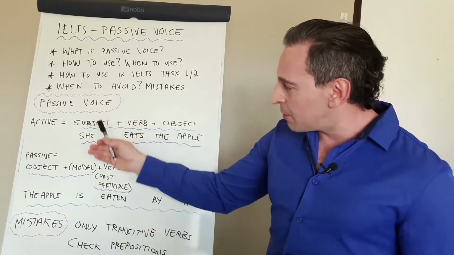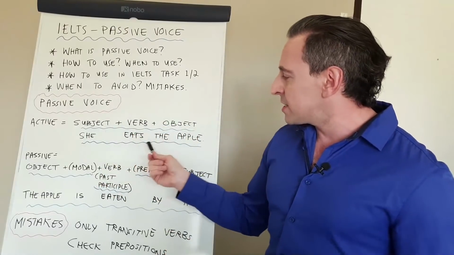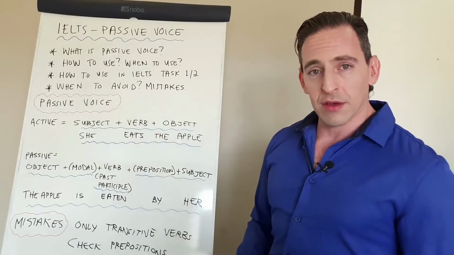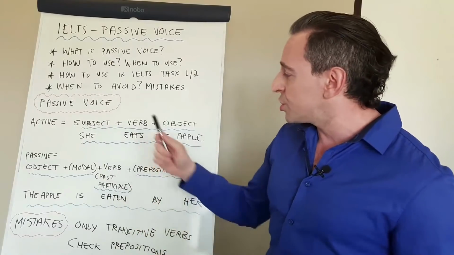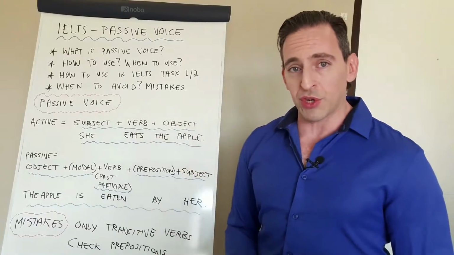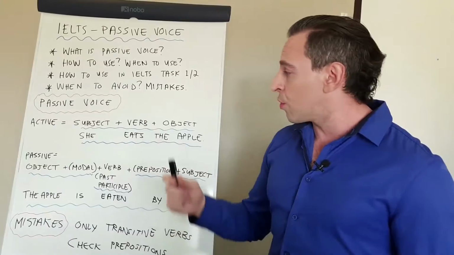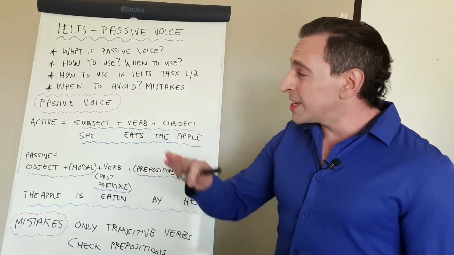So a basic subject, verb, object sentence. She eats the apple. She is the subject doing the verb, whether it is present, past, or future. She is doing it to the object. And of course, the object could have a pronoun or a possessive or an article. So that is a very simple sentence.